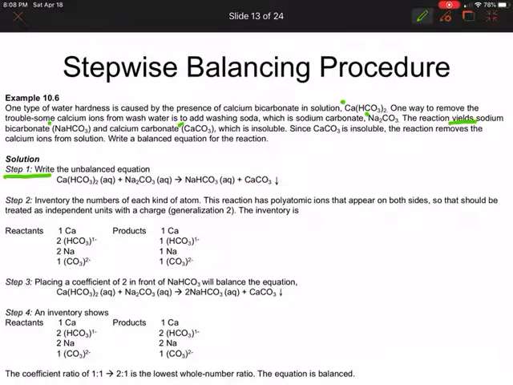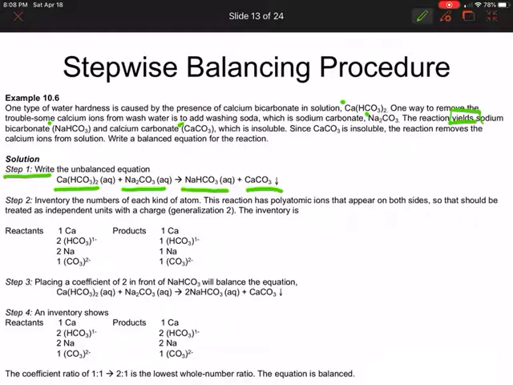So calcium bicarbonate plus Na2CO3, yields sodium bicarbonate plus calcium carbonate. That's your first step.